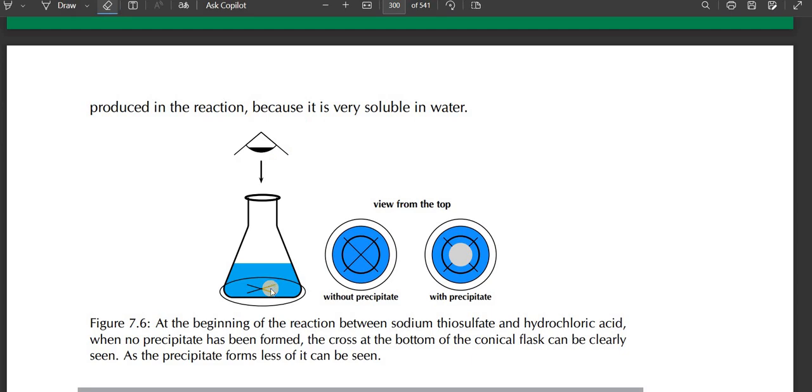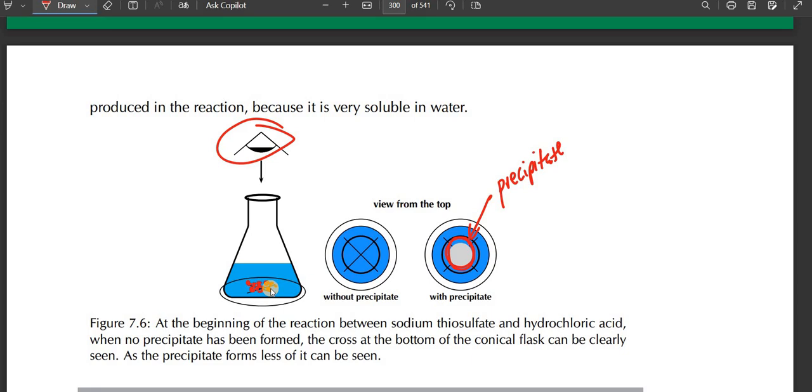As more precipitate is being formed, it blocks the view of the X. That's why here you find that it's now like this, which means that the view of X has been blocked by the precipitate that is being formed. And the precipitate is a solid. So because it's a solid, it blocks the view because you're looking from above. It blocks your view of the X that is below.